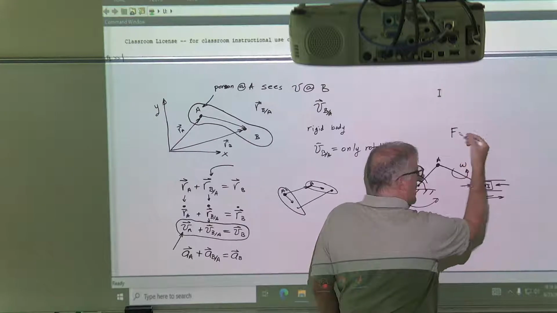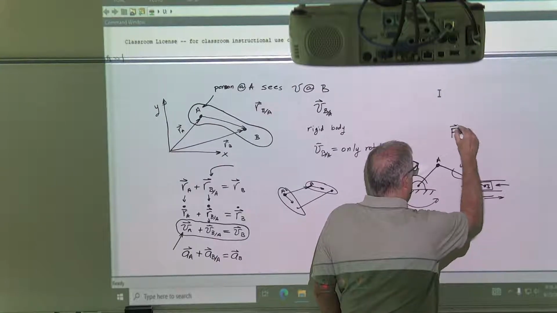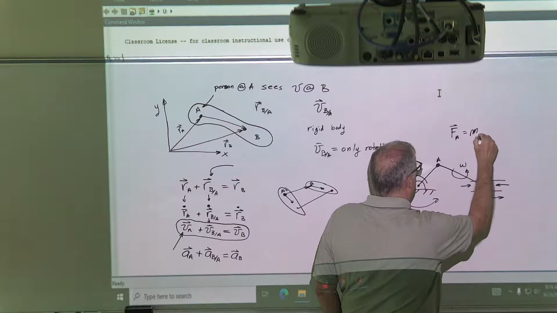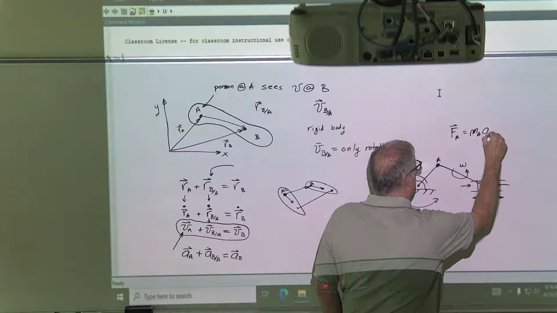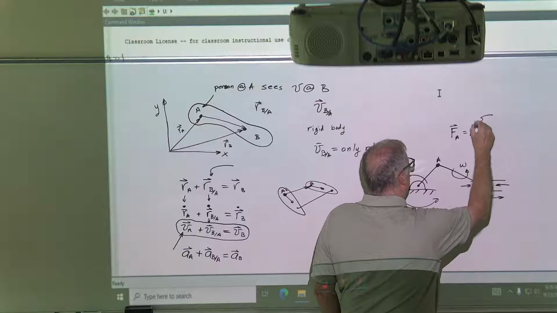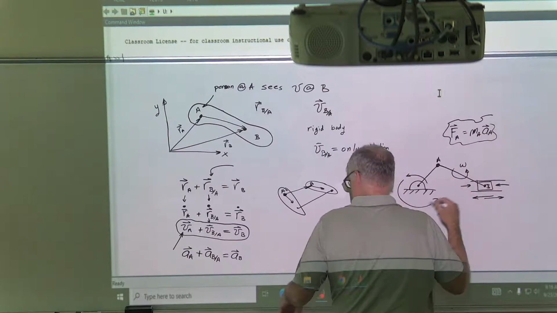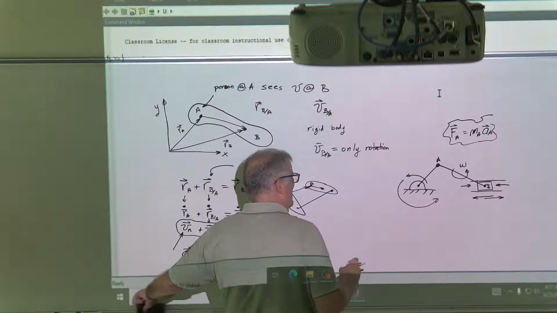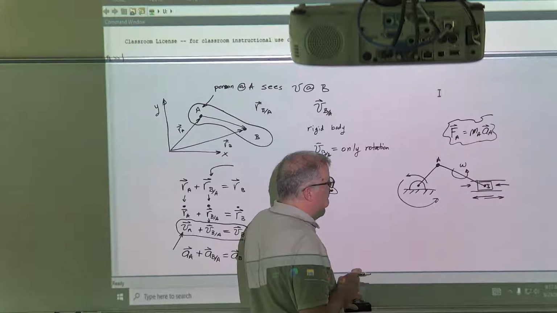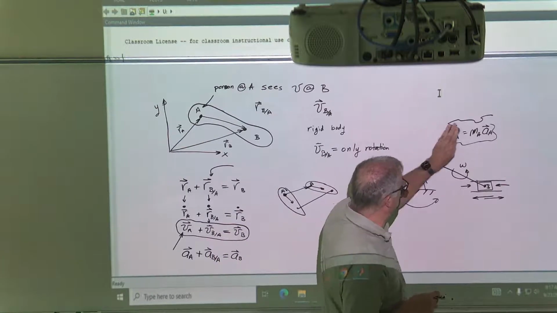Let's just take A, for example. It doesn't matter which one you do. It equals the mass of the stuff times the acceleration of A. So you can figure out forces on linkages, which may be important, but it may also be equally important just to find the rotation.